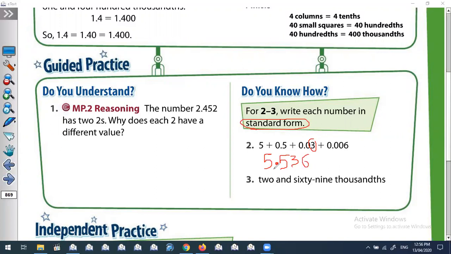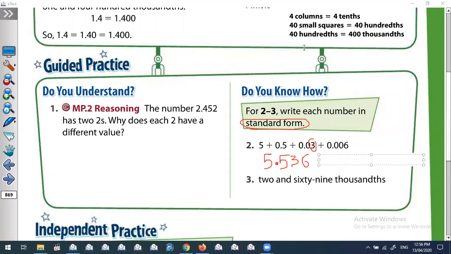So the new number is 5, and the point means "and", 536 thousandths, because we have 3 digits in the decimal.